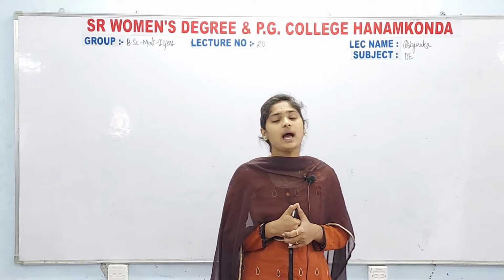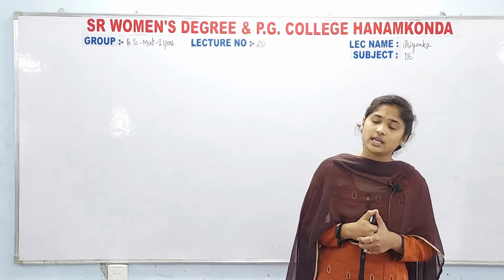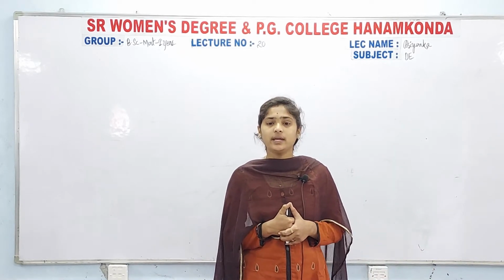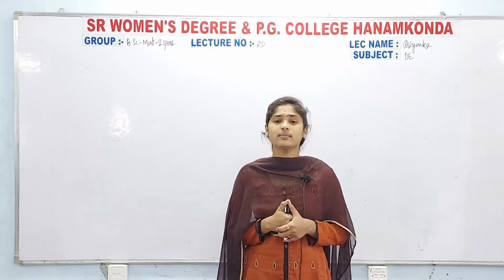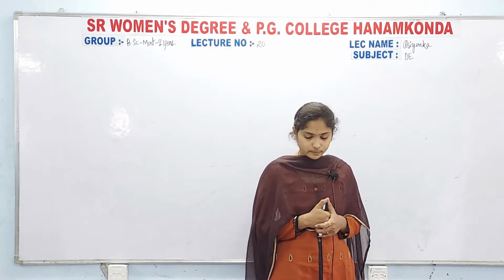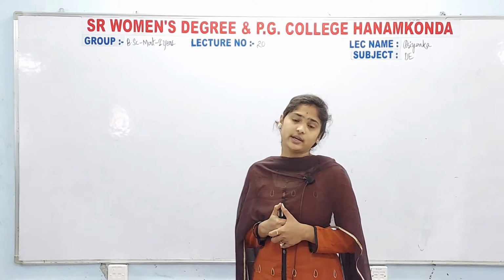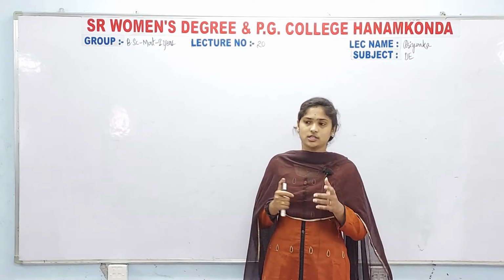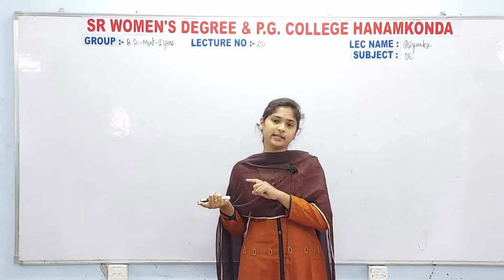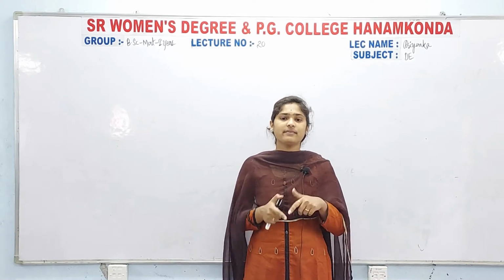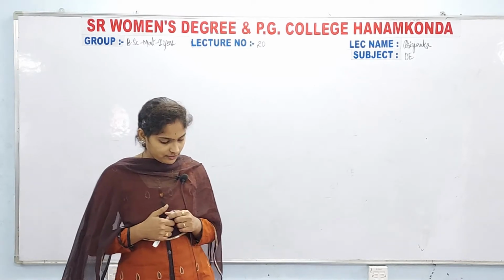Then the integrating factor is e power integral f of y dy. The same procedure we have to follow, but instead of M and N, in the place of M we write N, and in the place of N, M. In the same way, in the place of x, y. So now write down method 5.